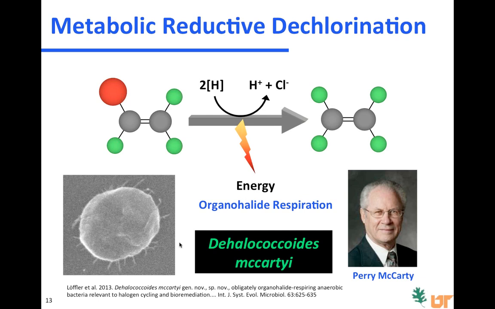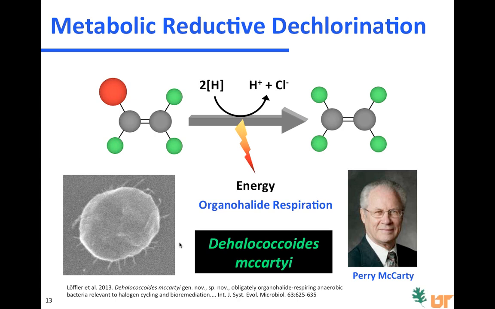The organisms belong to Dehalococcoides, and all the strains belong to a single species that we call now Dehalococcoides mccartyi, that was recently named last year, and the name, many of you will know, Perry McCarty. It's an honor to Perry's contribution to this field of chlorinated solvent bioremediation.